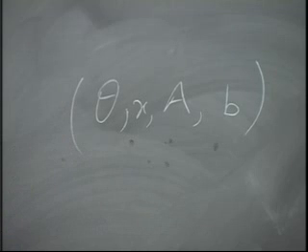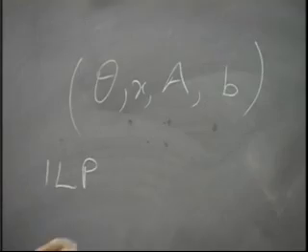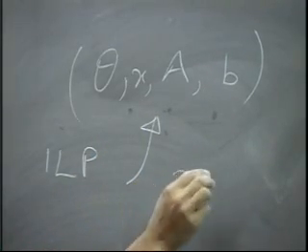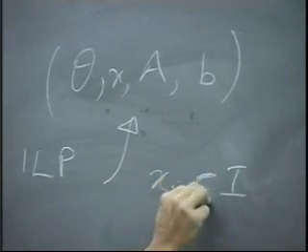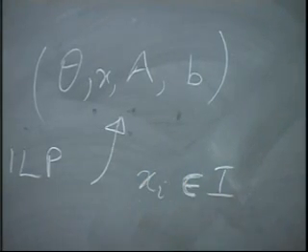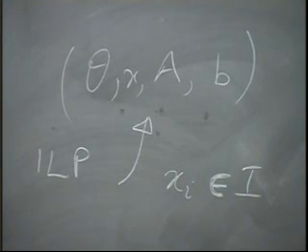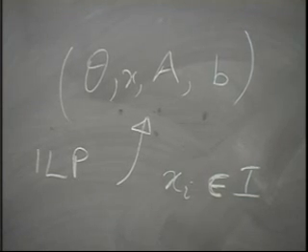Anyway, integer linear programming, ILP, is exactly the same except the Xi belong to the integers. In regular linear programming, Xi's can be reals, whereas in integer linear programming, Xi's are integers. So you say, okay, no big deal.